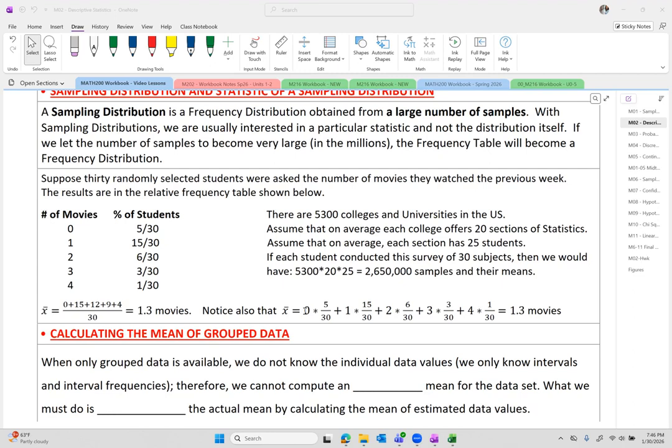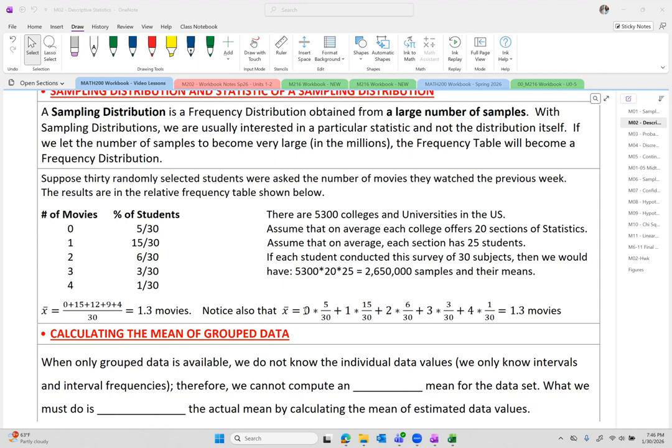So the X bar in this case, in my sample that I collected, would be 0 plus 15 times 1 plus 6 times 2 plus 3 times 3 plus 4 times 1 times 4 divided by 30, because I asked 30 students.